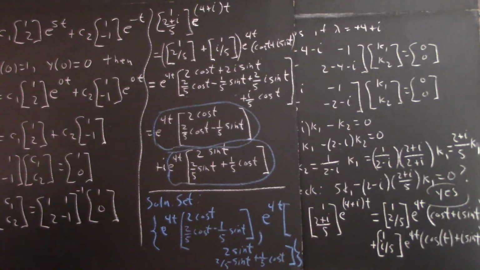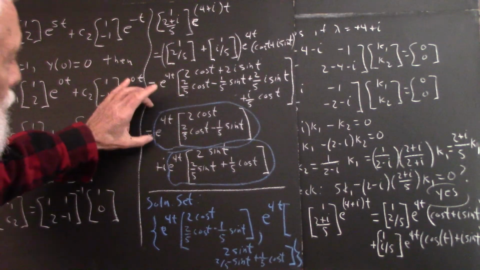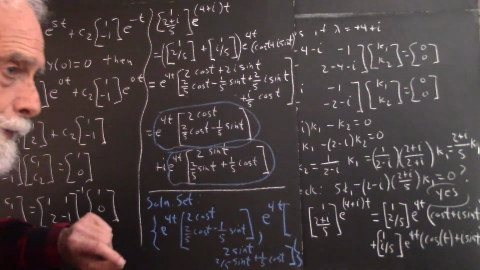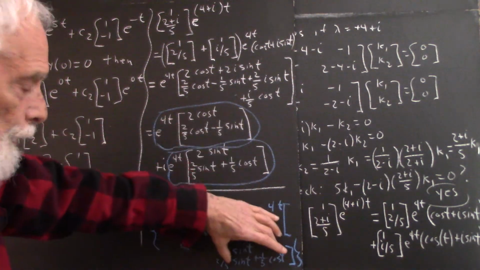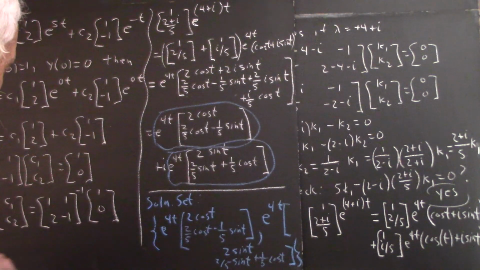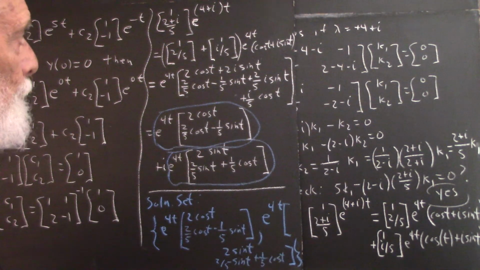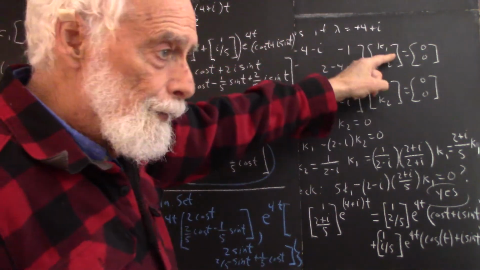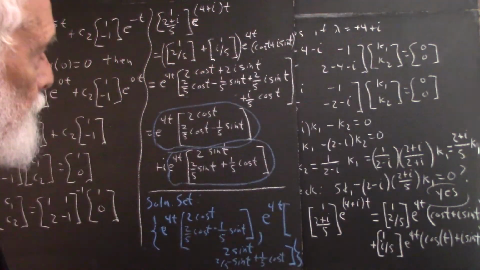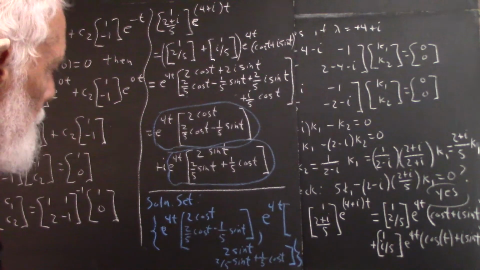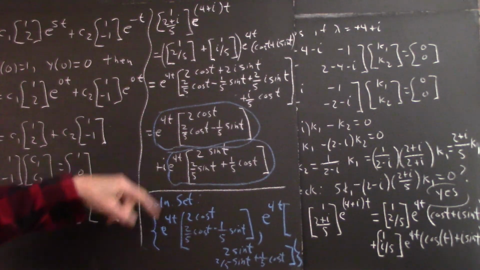And close the brackets. So this is the first part of the solution set. This is the second part of the solution set. And again, if I'd have used 4 minus i here, you can trace it through and see how the sign of i affects everything. You just end up with a minus i here.